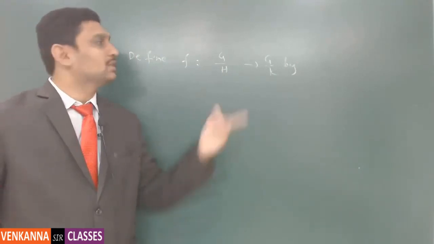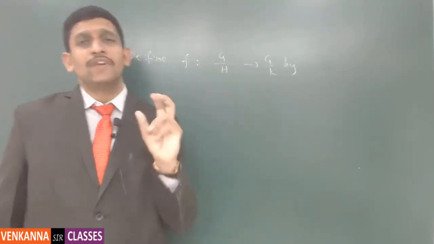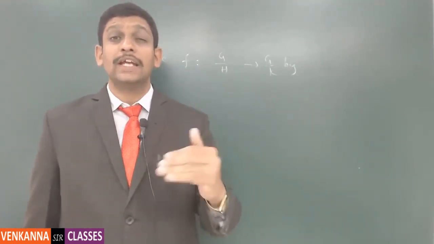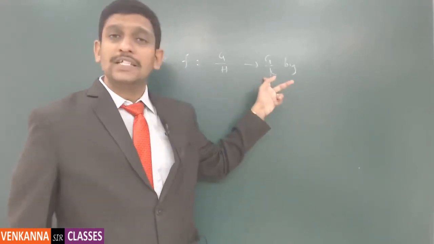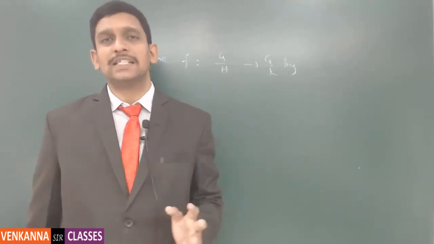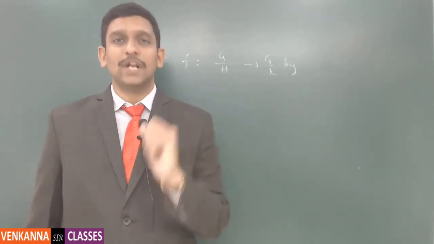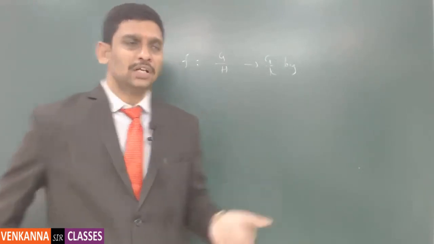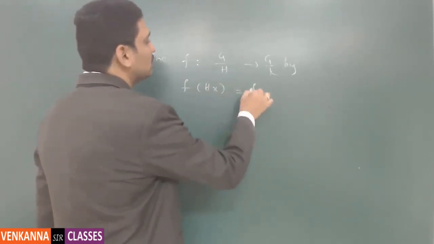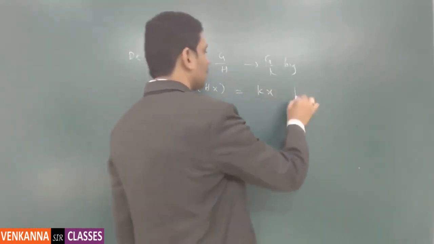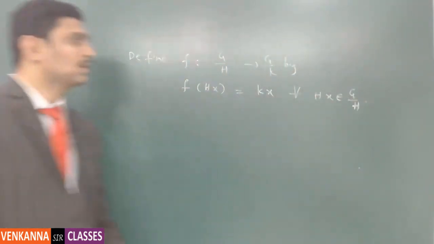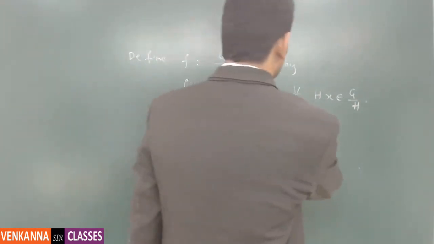In general, in G/H, every element will be of the form Hx, Hy, etc. So nothing but H multiples. In G/K, every element is of the form Kx, Ky, Kz, etc. So it is of the form K multiples. So while defining the function, we define that f of Hx is equal to Kx for all Hx belonging to G/H. In this way, we define the function.